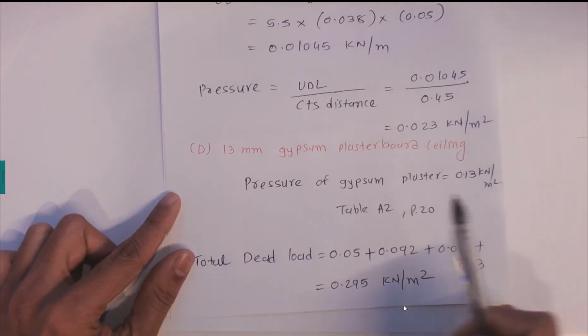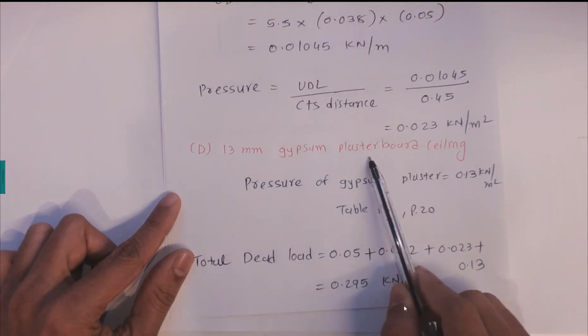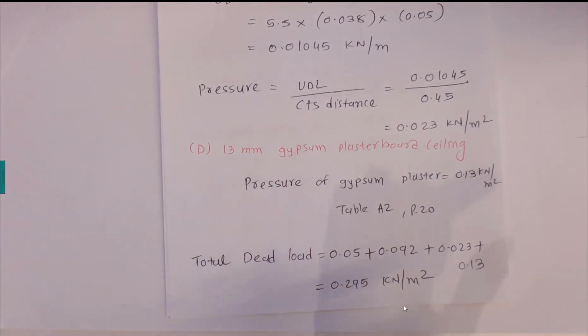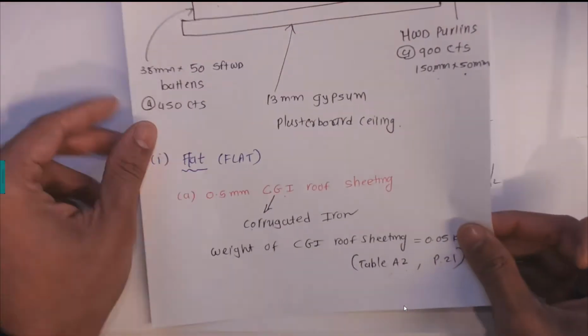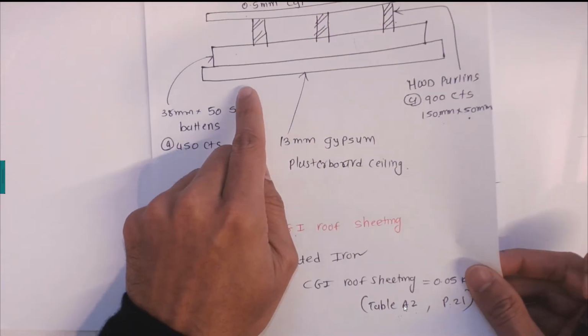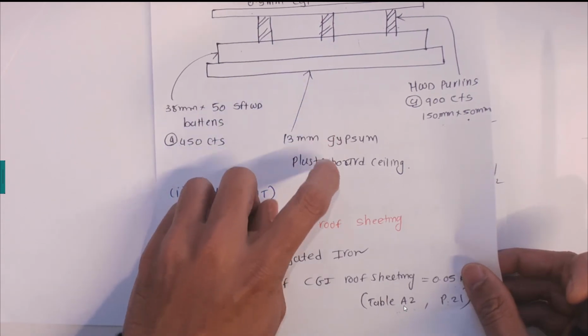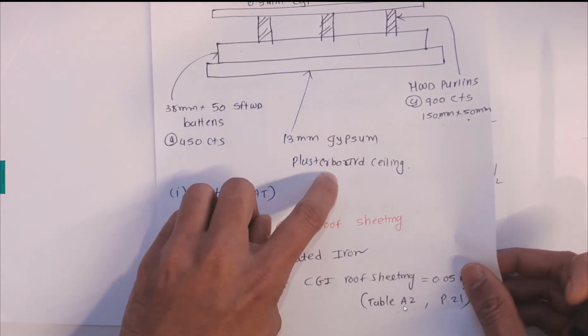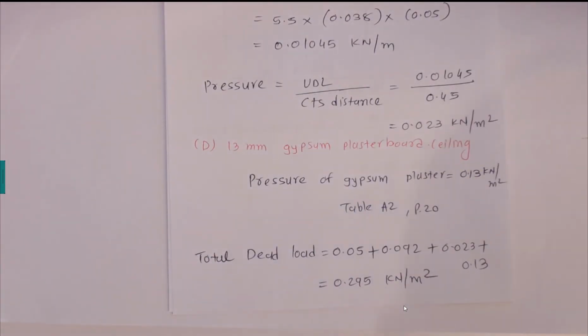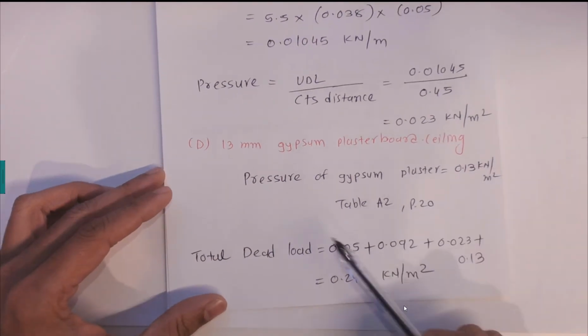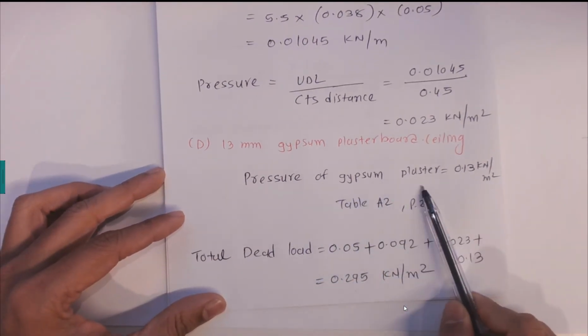Now the last one is the 30 millimeter gypsum plasterboard ceiling. I can show it here. The last layer here is the 30 millimeter gypsum plasterboard ceiling. Now for this case, we need to calculate the pressure for the gypsum plaster.